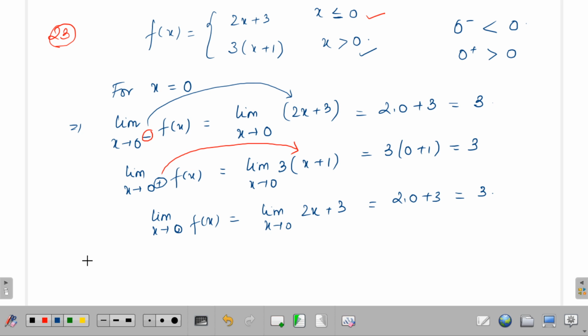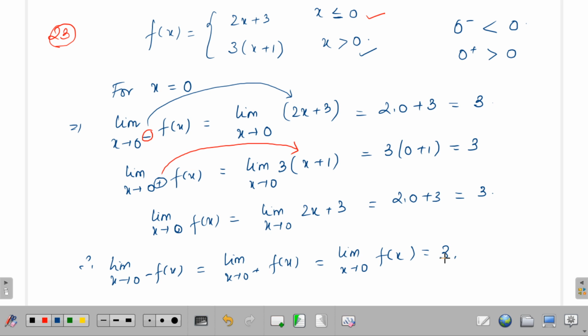So I can say that, therefore, the limit of x tends to 0 minus f of x is equal to the limit of x tends to 0 plus f of x is equal to the limit of x tends to 0 f of x, which I got to be 3. So that's all about when x is equal to 0.